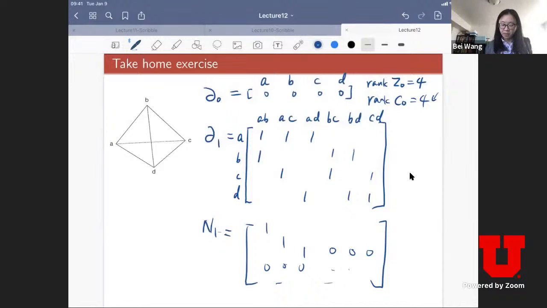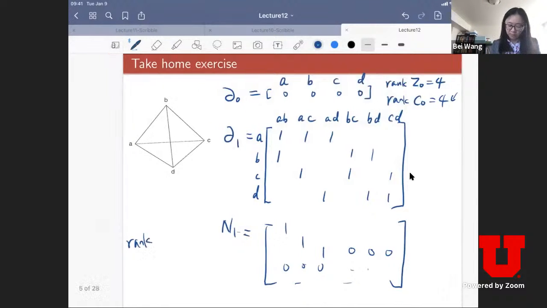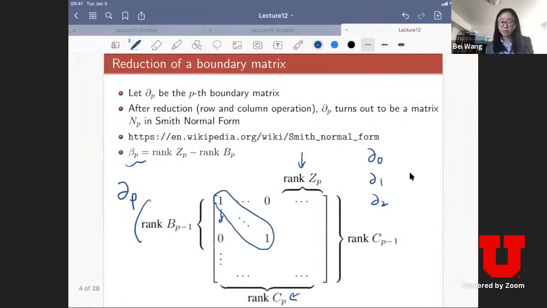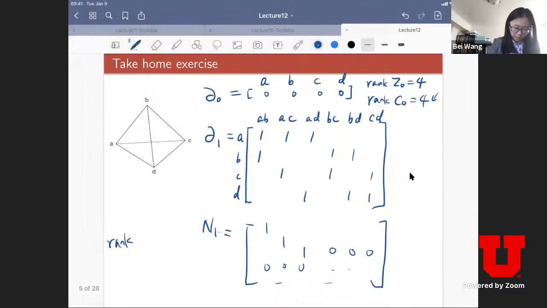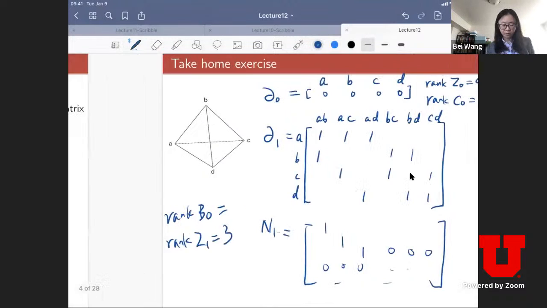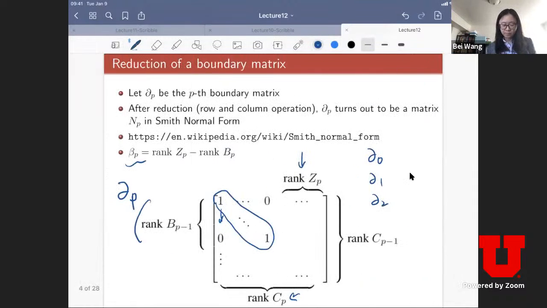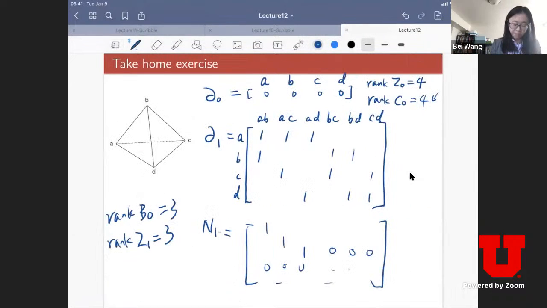So now remember, the number of empty columns is the rank of Z1. So the rank of Z1 is now 3 because it has 3 empty columns. The rank of B0 is the number of non-empty rows. That is equal to 3 because there are 3 non-empty rows.